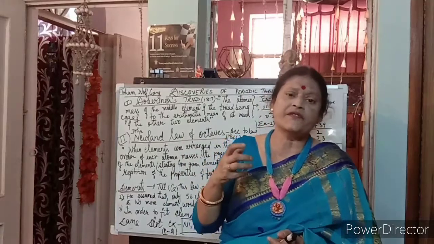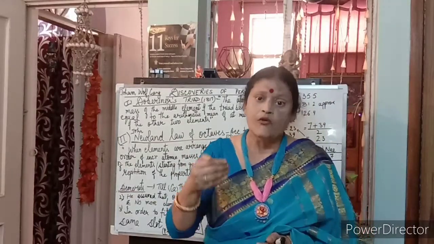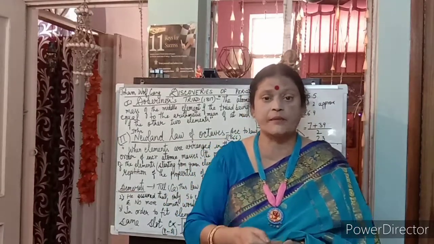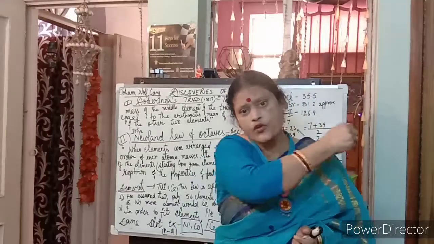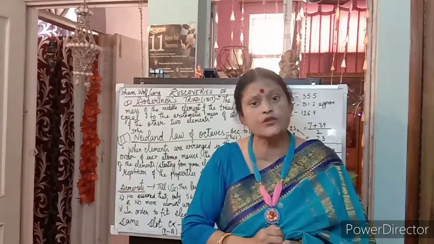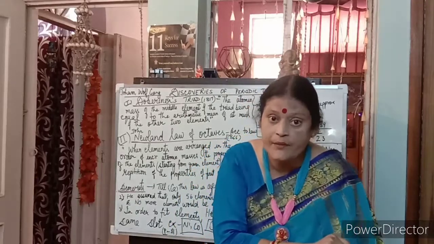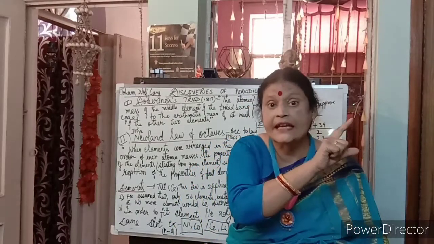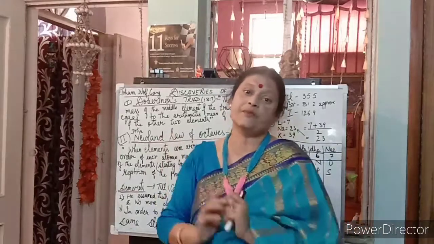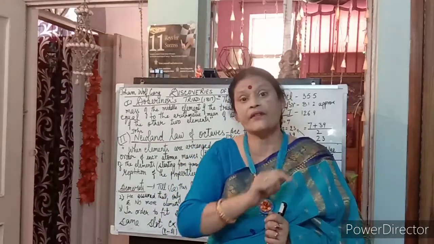The question is, when we are studying the present periodic table, what is the importance of those earlier discoveries or the scientists who made those tables? That is very important. Those scientists gave the base to the present periodic table.